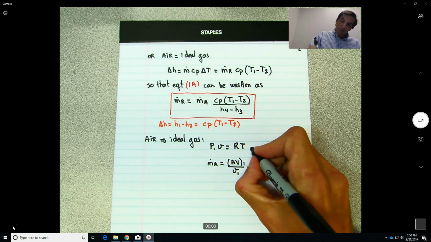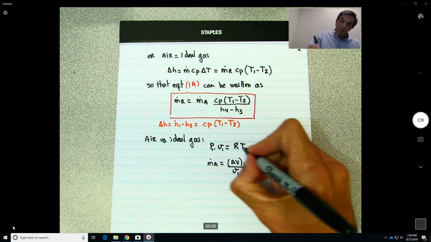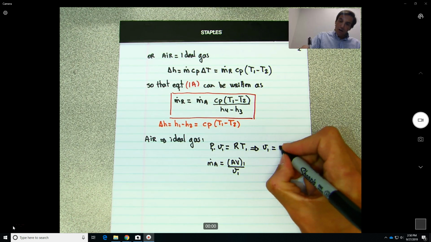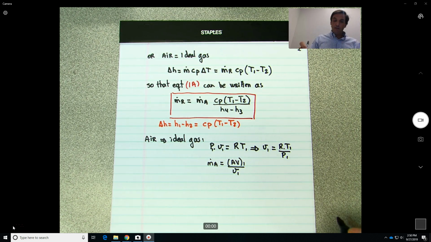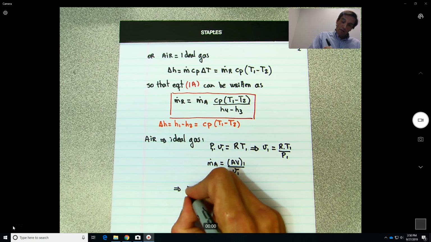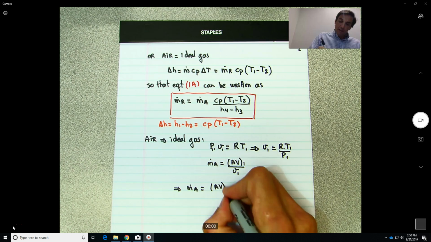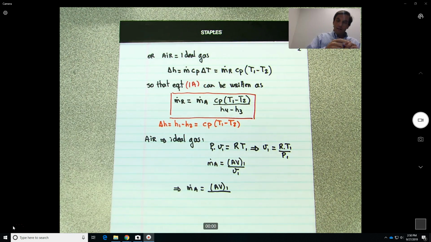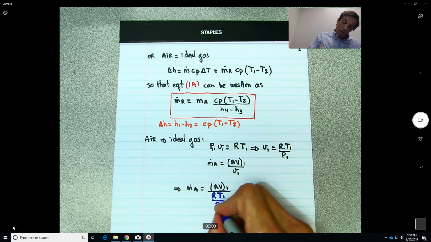So what we can do is solve the top equation for V. V1 will be equal to R T1 divided by P1. And we can substitute over here. So the mass flow of A will be equal to the volumetric flow rate at 1 divided by R T1 over P1.